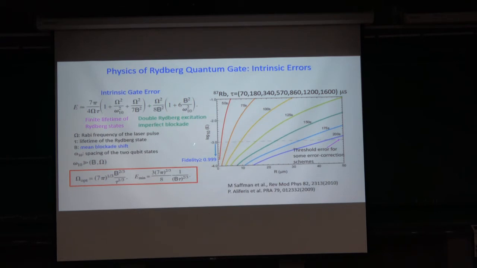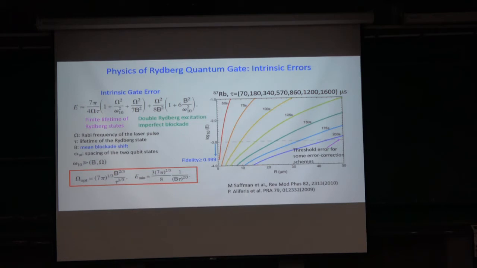So there are some parameters here. Ω is the laser field you use to excite the atom to Rydberg states, τ is the lifetime of Rydberg states, and B is the dipole-dipole interaction strength. So you can play with this.